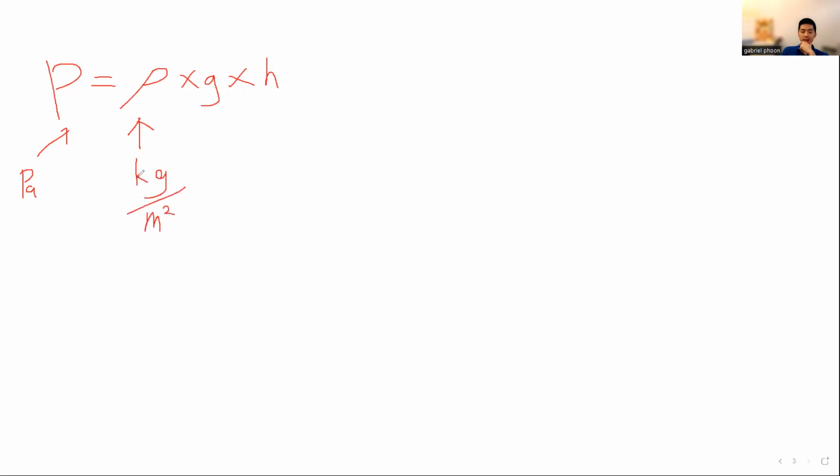Do you know why it's kgs per meter cube? Because it's supposed to be mass over volume, right? Anyways, from here, this is going to be gravity, which is once again supposed to be meters per second squared. And this is supposed to be the height of water, which is measured in meters. Right, this is the height of water.